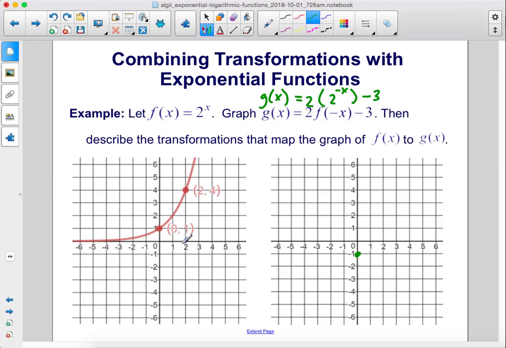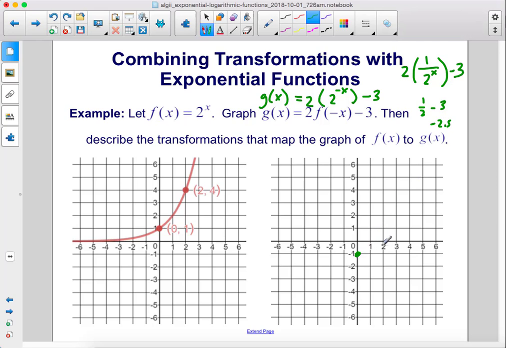And now let's see when x equals 2, what does this equal? So 2 to the negative 2 power. So let's rewrite this as 2 times 1 over 2 to the x power minus 3. So this is just a nicer way to not have a negative exponent. So when x equals 2, this becomes 1/4 times 2 is 1/2, minus 3. So 1/2 minus 3 is going to give us negative 2.5.